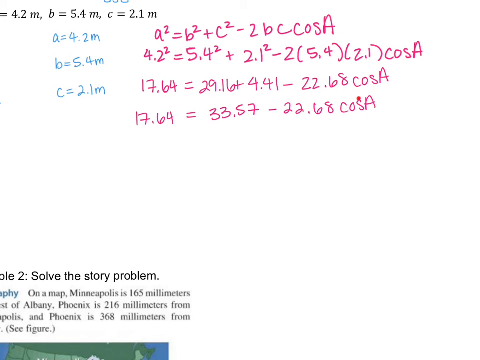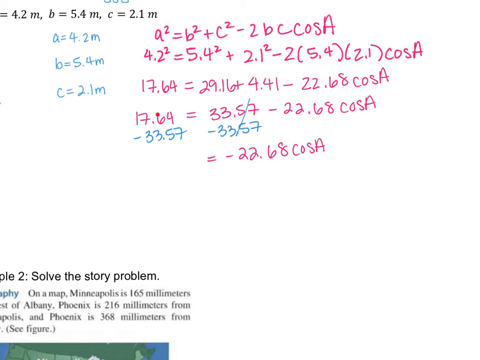So from here, this part's attached to one another, so I might just move this to the other side by subtracting it off. So this is getting rid of, and then I'm going to move down the 22.68.